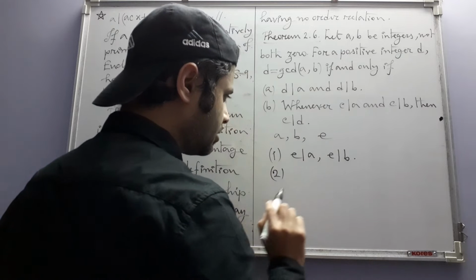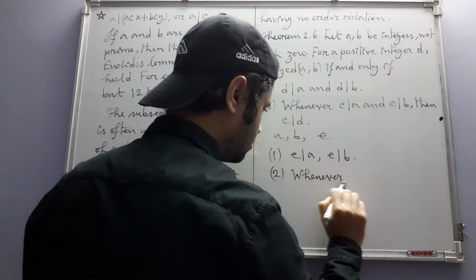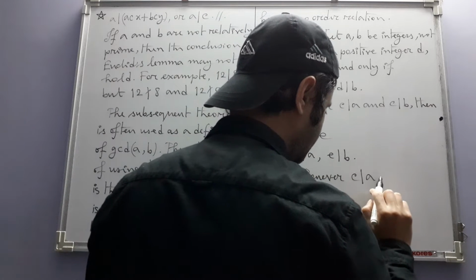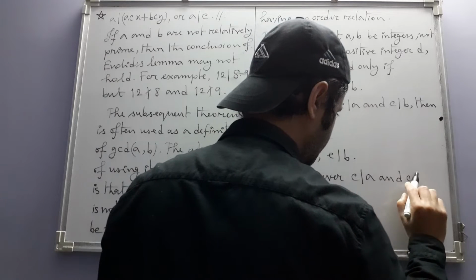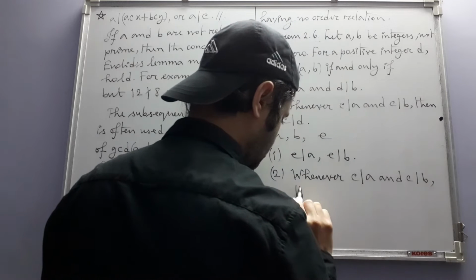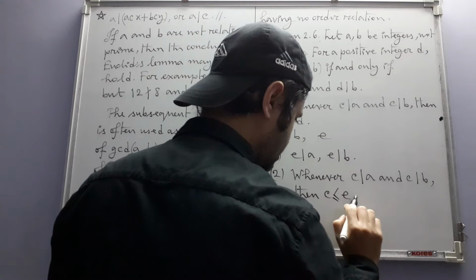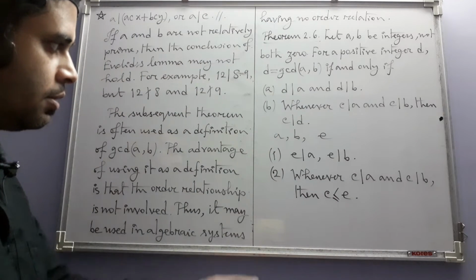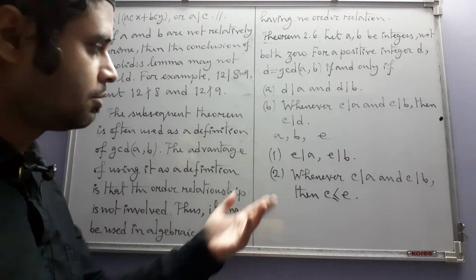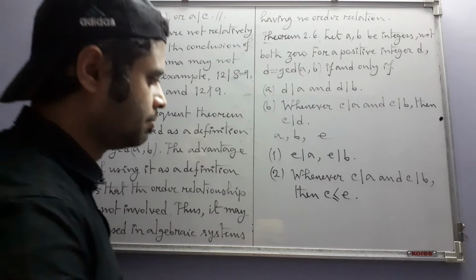And the second condition says this: whenever c divides a and c divides b, where c is of course some integer, then c is less than or equal to e. This is the original definition of the GCD of a and b. Then we will say that e is the GCD of a and b.